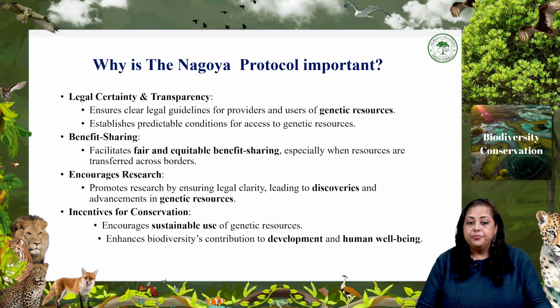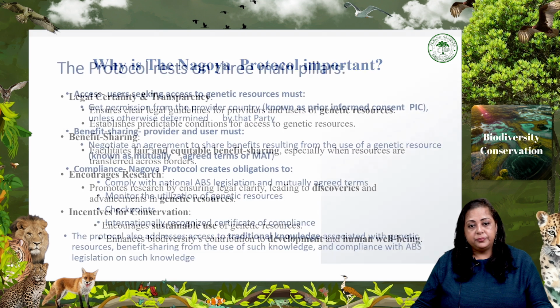Encourage research: promote research by ensuring legal clarity, leading to discoveries and advancement in genetic resources. Incentive for conservation: encourage sustainable use of genetic resources and enhance biodiversity's contribution to development and human well-being. So whatever conservation we are doing, that is for development and human well-being.